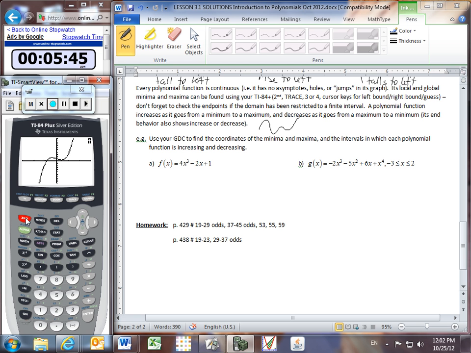I can say second calculate and go to let's find the minimum first. And so minimum, we want to move our cursor to the left side of where I believe the minimum to be, and then hit enter, and then move the cursor to the right side of the minimum that I can see, and then I can guess by moving the cursor directly on top of it, or as close as I can.